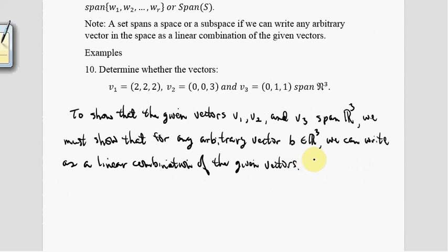So here, say B is equal to B sub 1, B sub 2, and B sub 3. Because we say that B is an element of R3, so it's a 3-tuple vector. It has 3 elements in it.